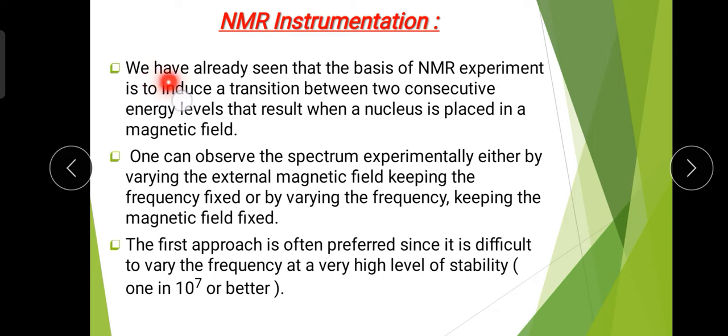We have already seen that the basis of an NMR experiment is to induce a transition between two consecutive energy levels that results when a nucleus is placed in a magnetic field. In NMR spectroscopy, we place a sample in an external strong magnetic field, and there is a transition between two adjacent energy levels in the presence of radio frequency electromagnetic radiation.